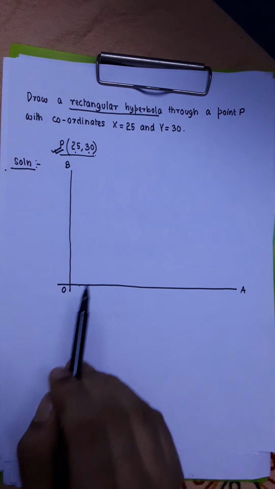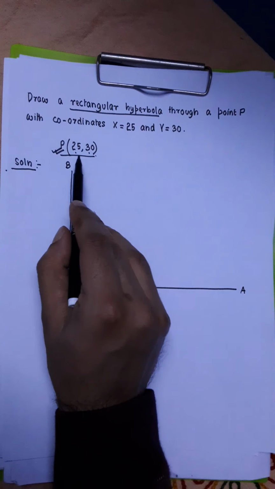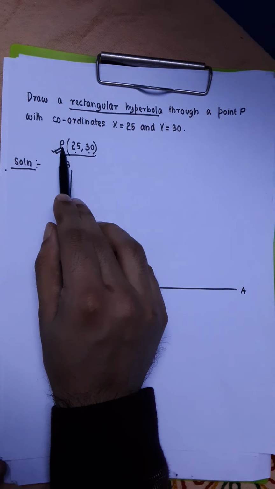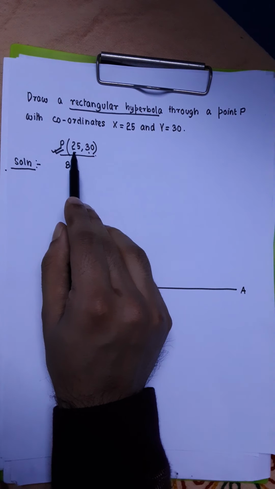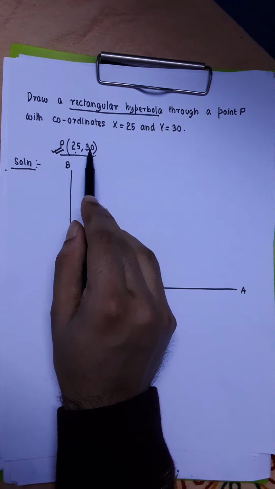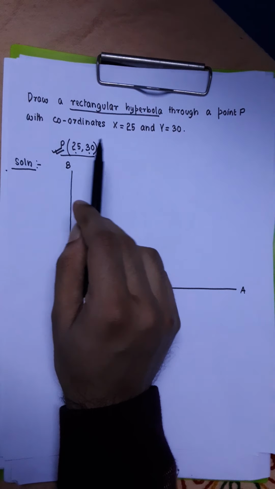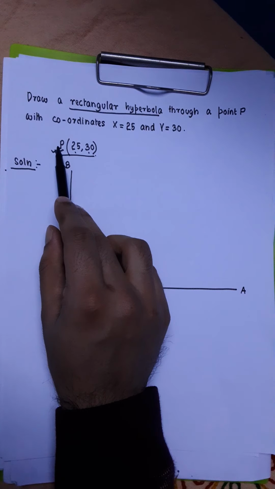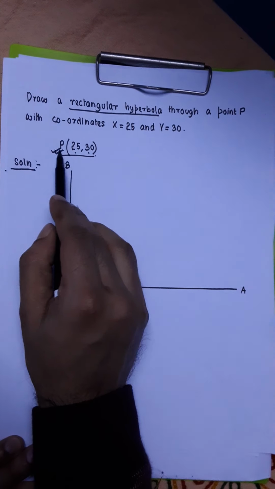Okay, so in this xy plane, first you have to locate the position of the point P whose x coordinate is 25 and y coordinate is 30. Then by a suitable construction method, we have to draw a rectangular hyperbola and ensure that it passes through this point P. So how to locate this point P?